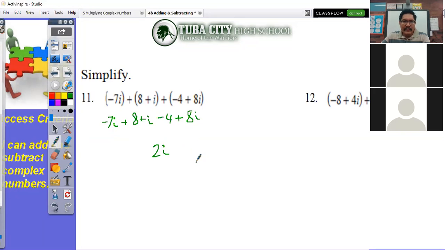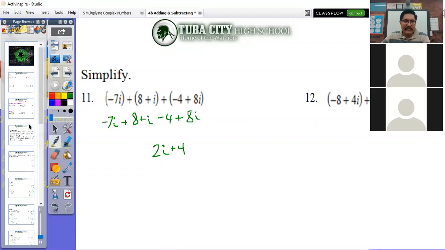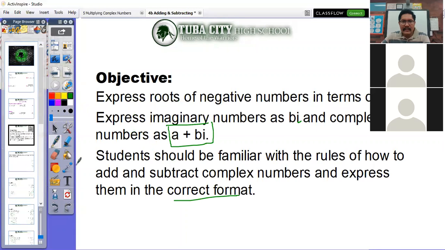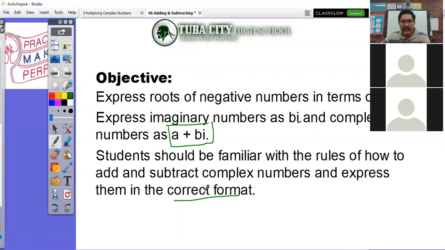And remember, you got to put them in the right order. When it comes to complex numbers, you have to put the real part first. So even though in this case it gave us i first, I know some people might want to do something like this, but be careful because one of our objectives is to put the numbers into the correct format.